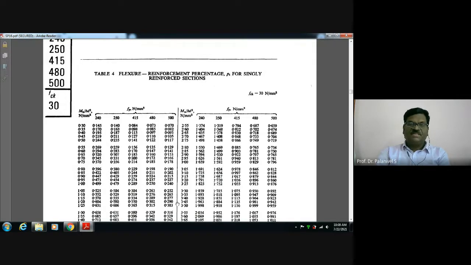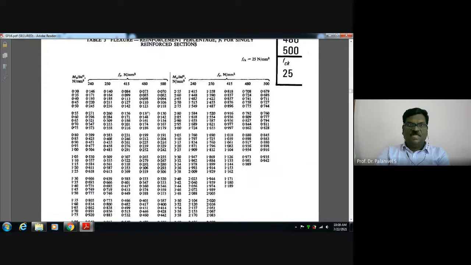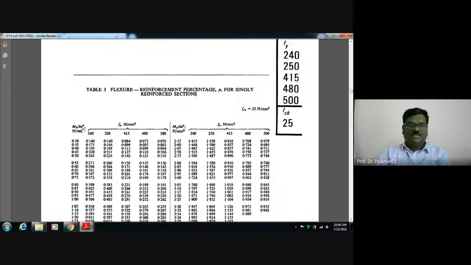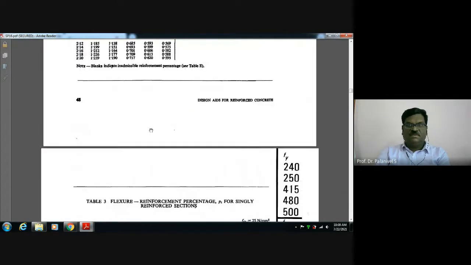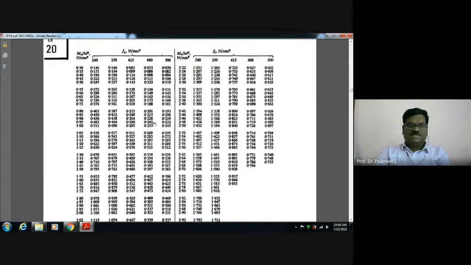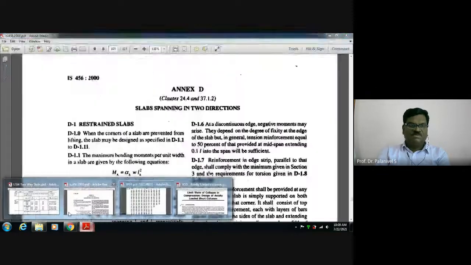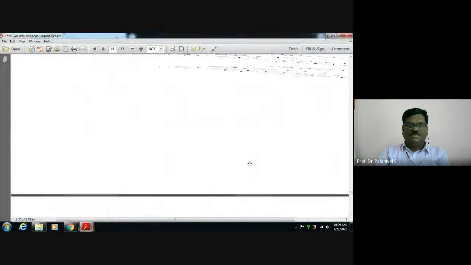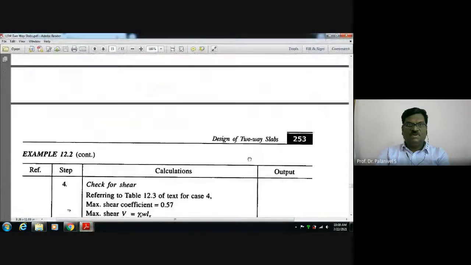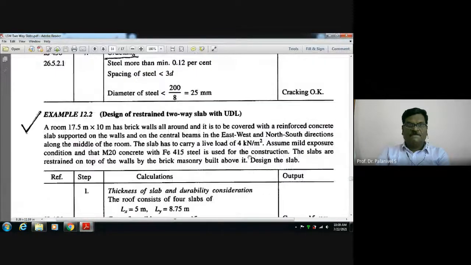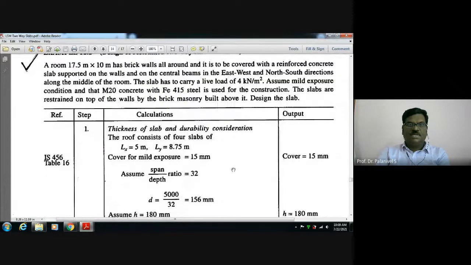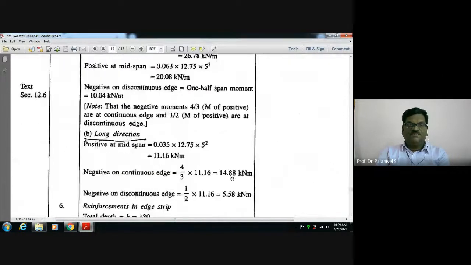This is Table 4 for FCK 30, no, maybe Table 3. The FCK is 25, or is yours 20? Whatever it is, let us see in that problem which table you are supposed to refer. What is the grade of concrete given, 20 or 25 in the problem? Let us go. M20 only. Okay, it's grade 20 concrete in this problem.